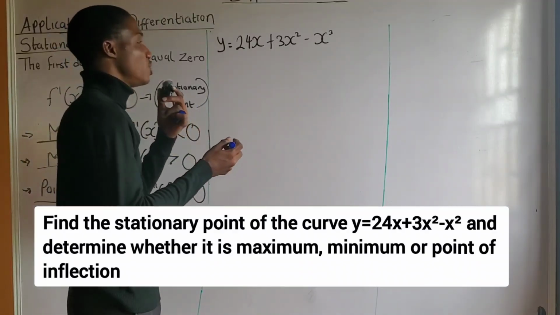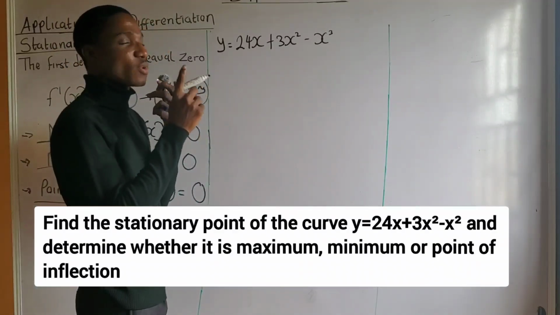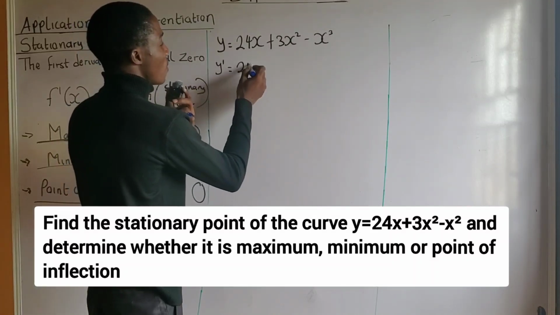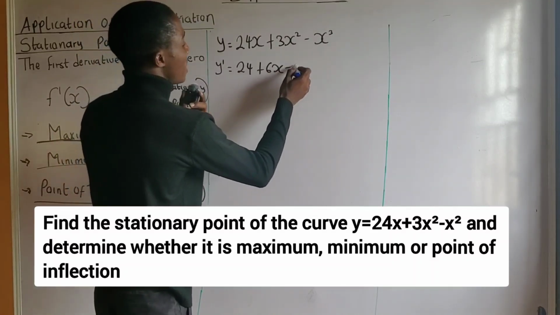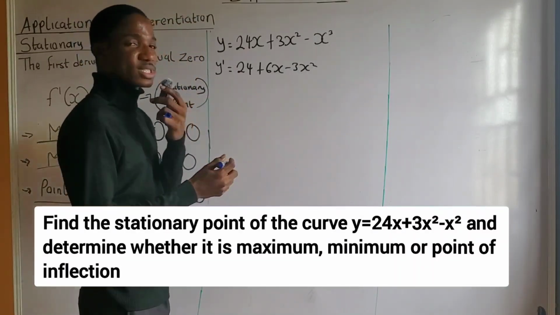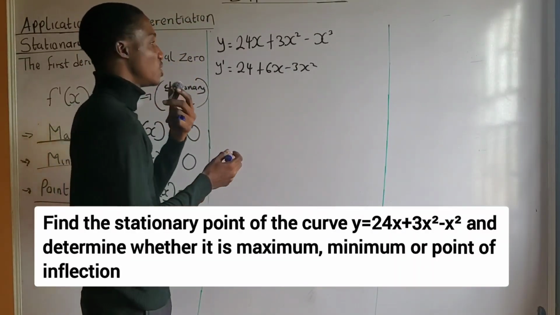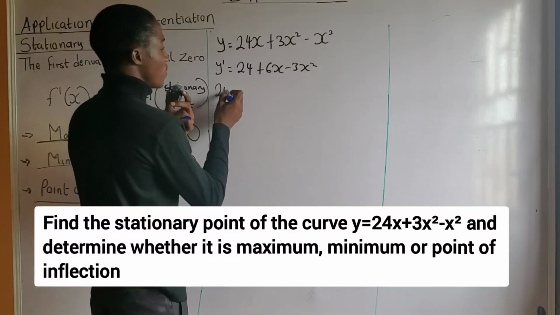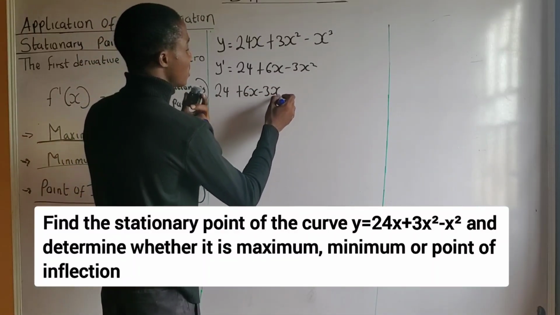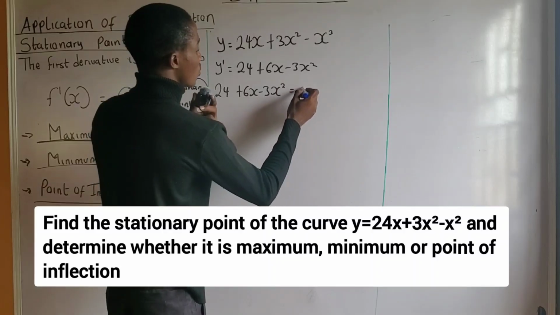To do this, let us take the first derivative of y. The derivative of y is 24 plus 6x minus 3x squared. Then you set the first derivative equal to 0, so 24 plus 6x minus 3x squared equals 0.